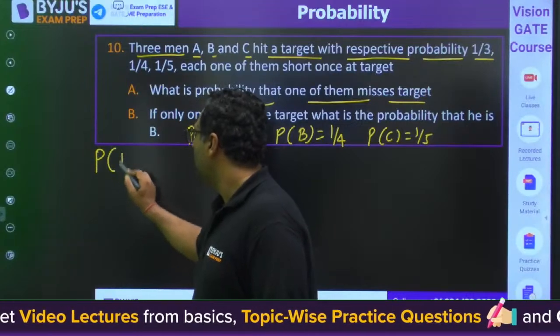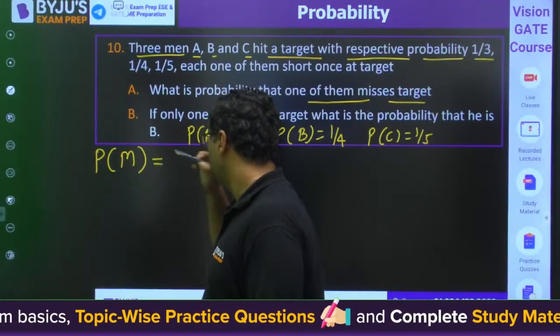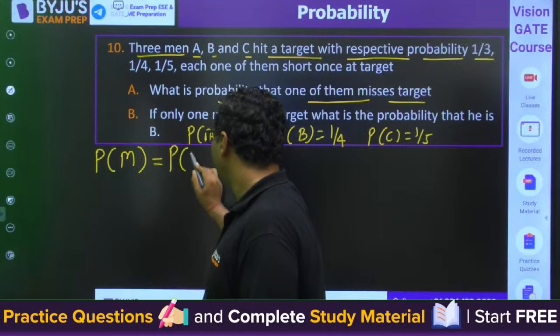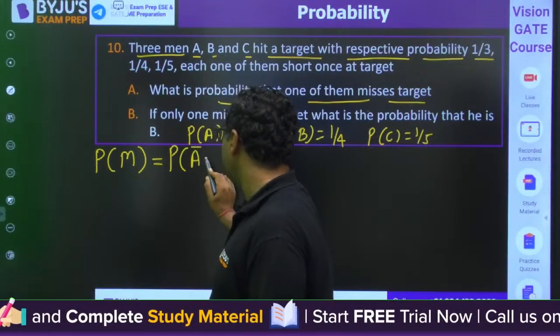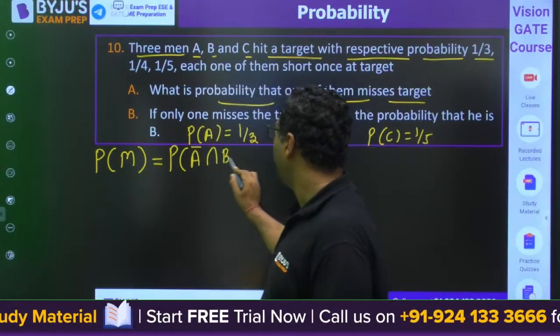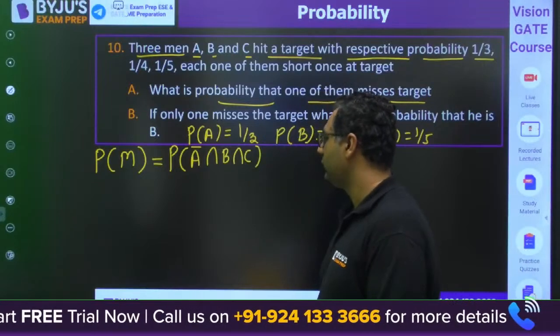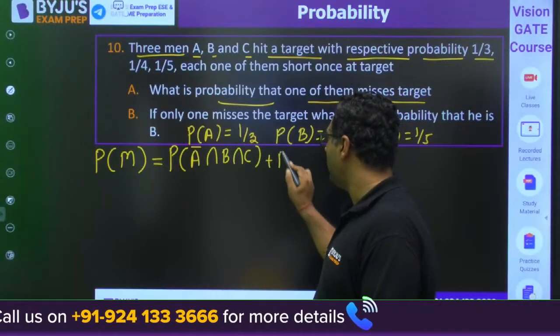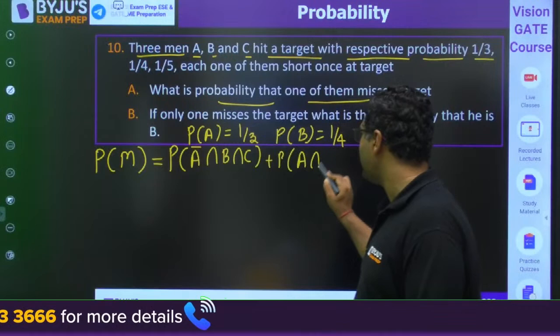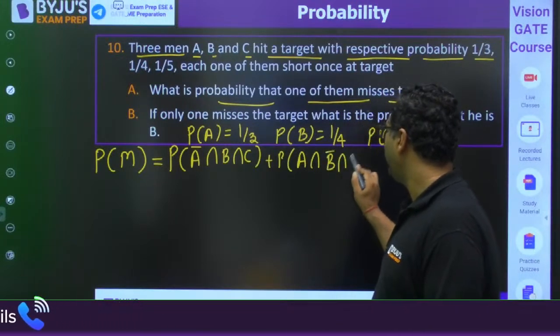Probability of missing of target. This is possible if A misses the target, B and C do not. Probability of B misses the target, A and C not.